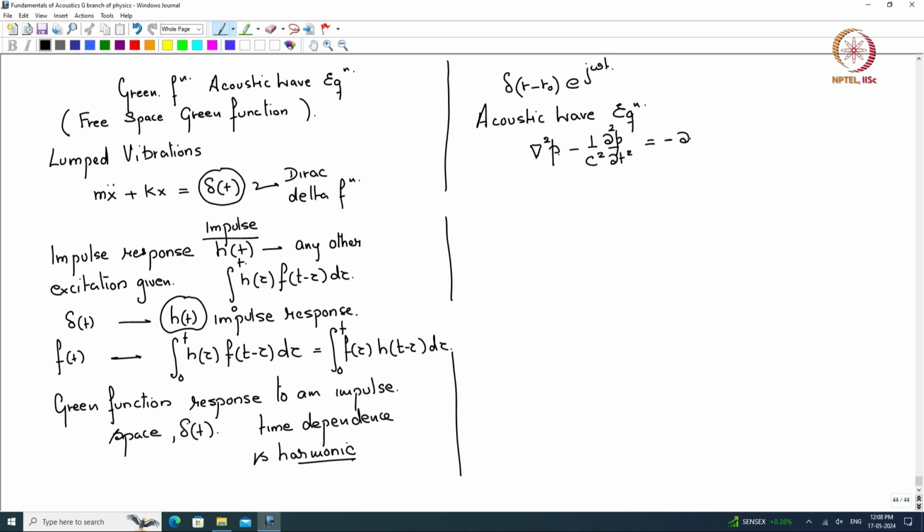We will call it del Q del t. Now here, instead of minus del Q del t, we are going to put a minus delta of r minus r0 e to the power of j omega t.